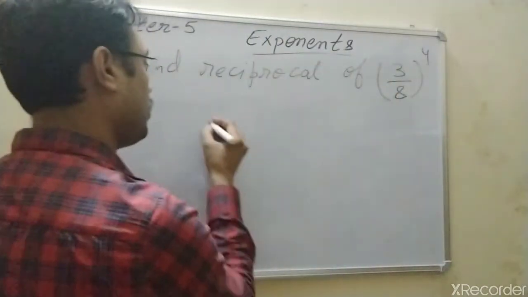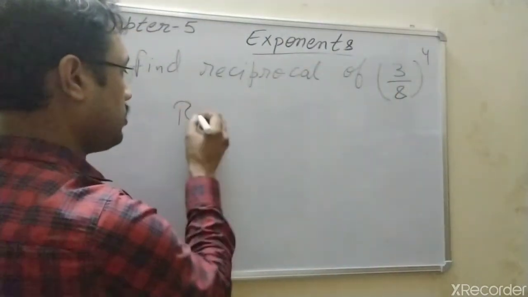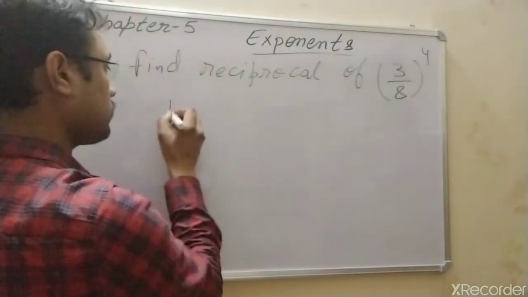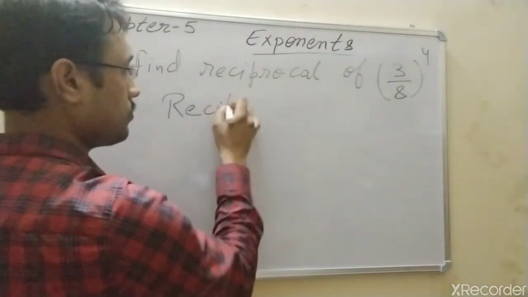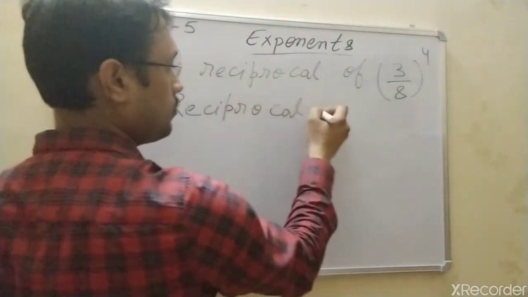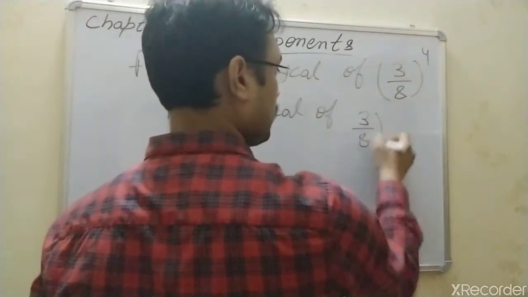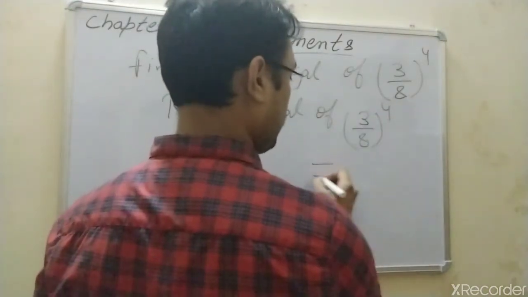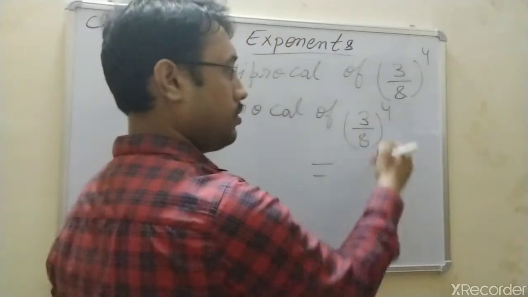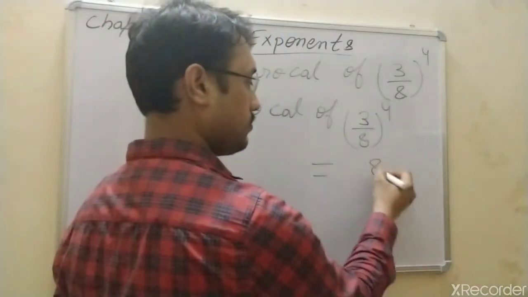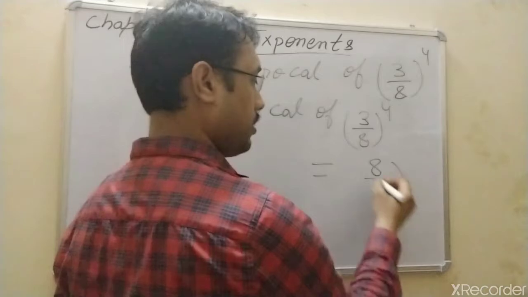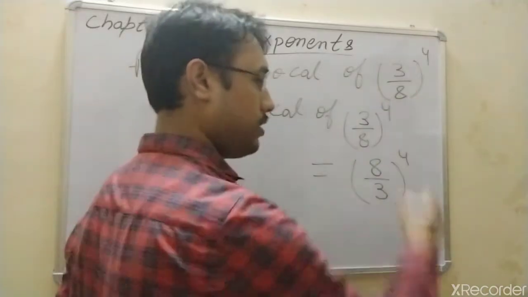Then you can say that the reciprocal of 3 by 8 to the power 4 is equal to, only reciprocal the base here, 8 by 3, and the power will be the same only.